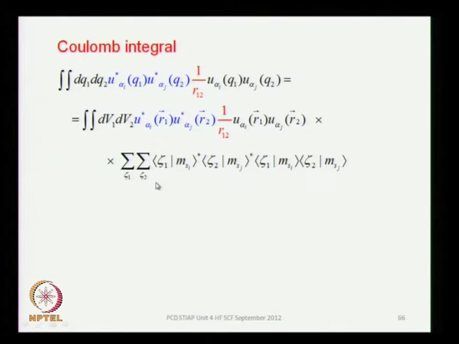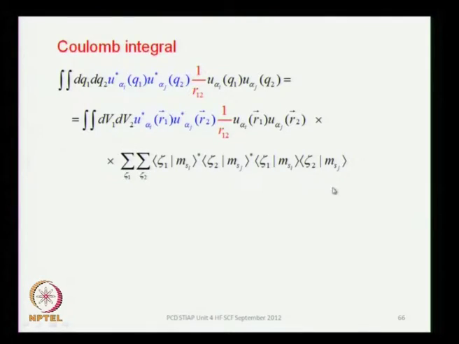right, and this is a double sum over zeta 1 and zeta 2, because zeta 1 comes from q1 and zeta 2 comes from q2. Okay. They both have the space variable and the spin variable. So, there is a double summation over the spin functions.